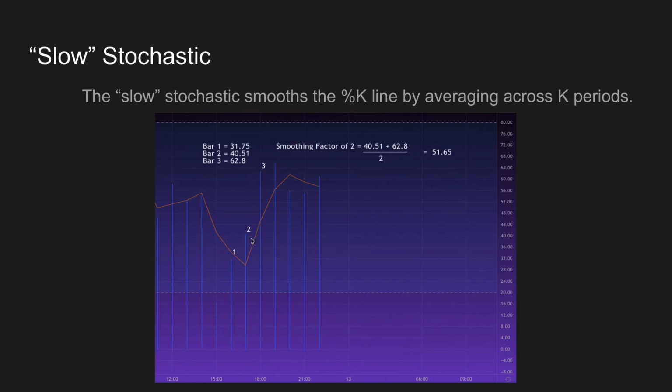You're going to add the values together like we did here. Here we did the 3 bar and the 2 bar. So we got 62.8 plus 40.51, and we averaged it. And so the smooth factor of 2 gets us 51.65 for this bar. So this bar will now become 51.65.